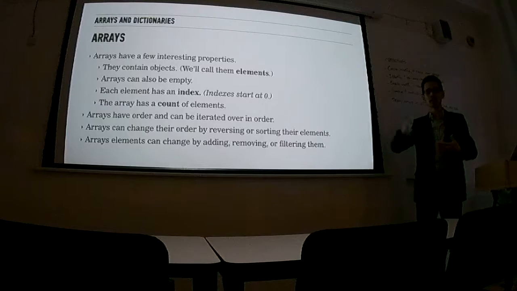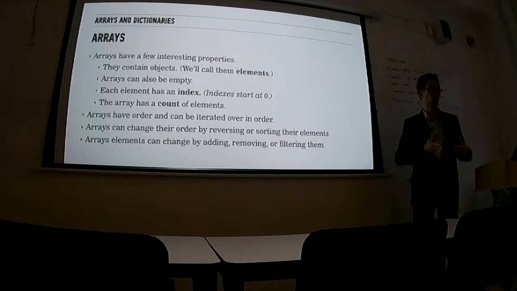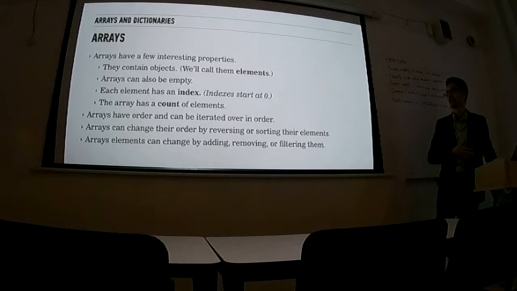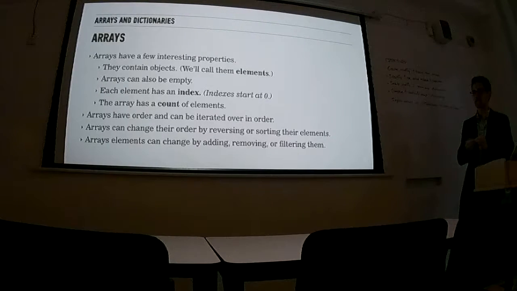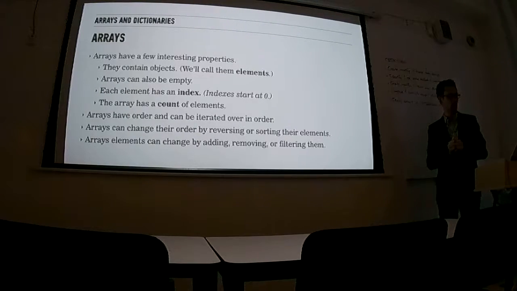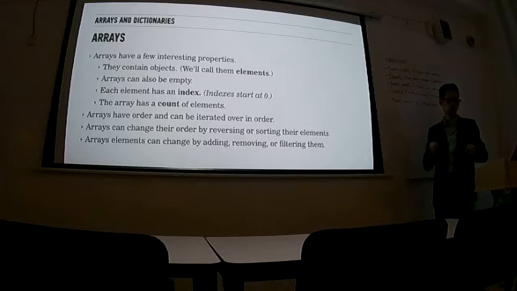So all the counting work that you've done with loops so far is super relevant for dealing with arrays from beginning to end. We have macro operations that we can do to arrays, like take them and sort them, filter them, or reverse them entirely. And then we can change on a micro level individual elements by changing an element, adding an element randomly inside of an array, removing a single one, etc.